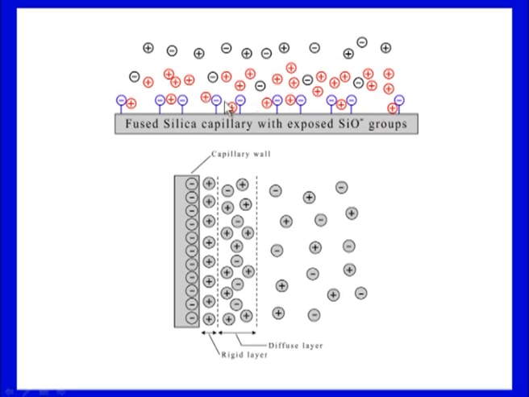There is a Stern layer, the cations compensating for the negative charge on the capillary wall, and a diffuse layer here. As the voltage is applied, everything moves towards the cathode. That phenomenon is called electroosmotic flow.